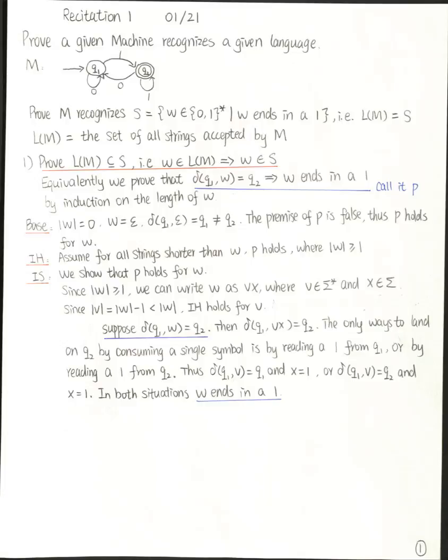So in both cases, this W ends in a 1 because this X is equal to 1 in both cases. So by now we have proved that the conclusion is true, given that the premise is true. That finishes the proof for this part.